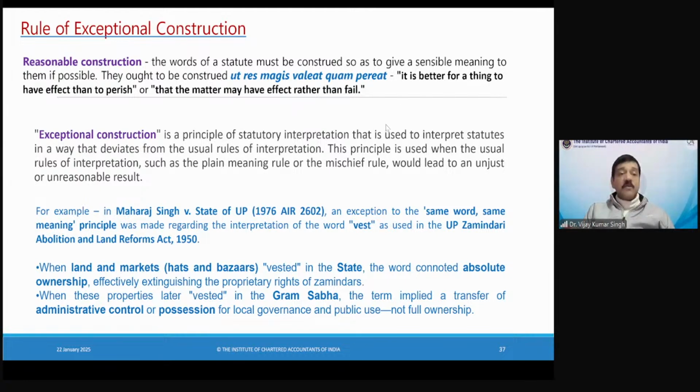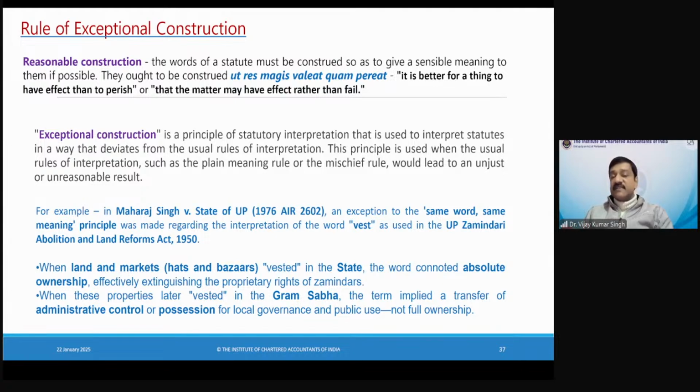Now, when we talk about exceptional construction, this is a principle of statutory interpretation which is used to interpret statutes in a way that deviates from the usual rules of interpretation. This principle is used when the usual rules, such as the plain meaning rule or mischief rule, will lead to an unjust result. Let us take an example.